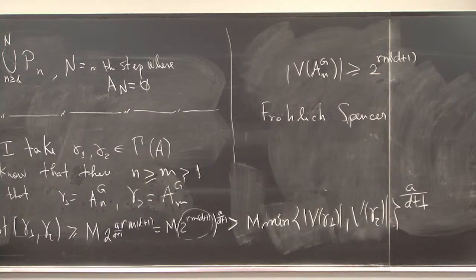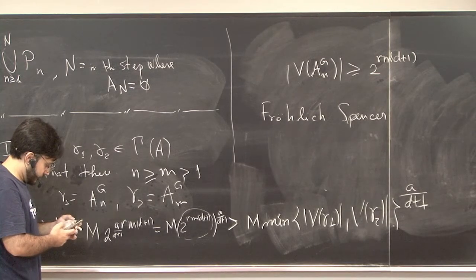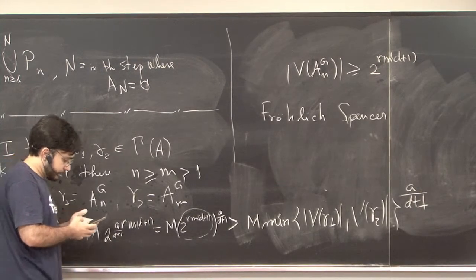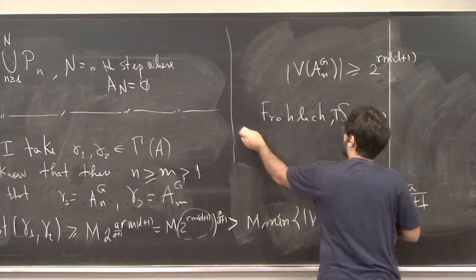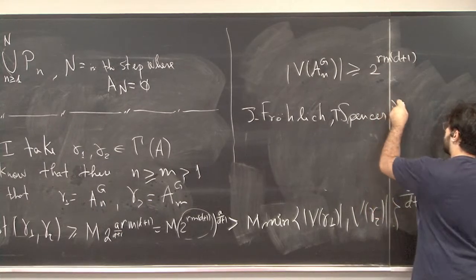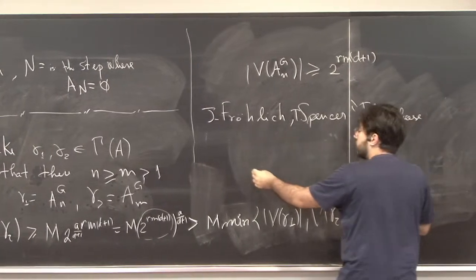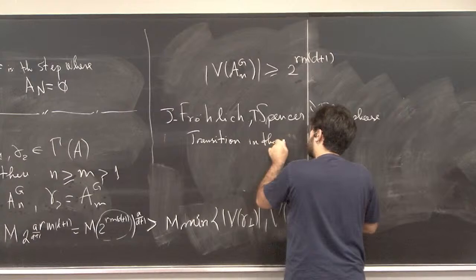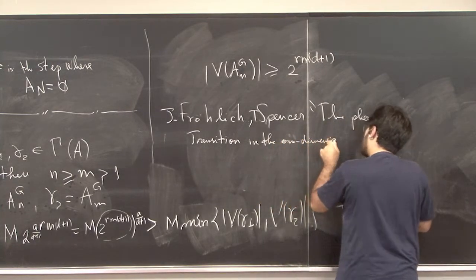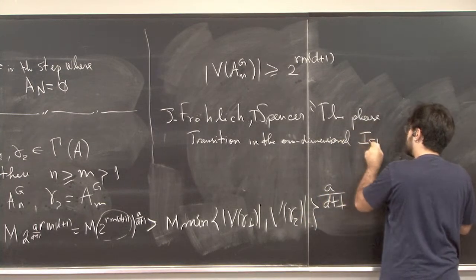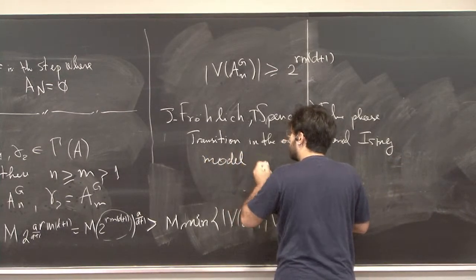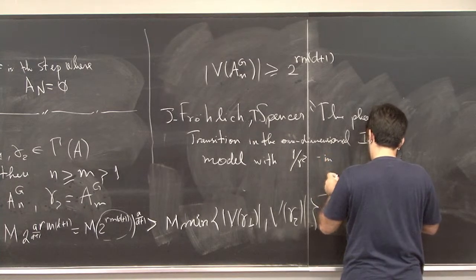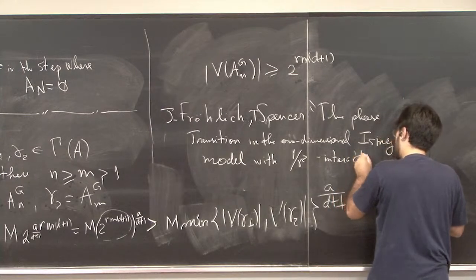Fröhlich and Spencer, the paper is The Phase Transition in the One-Dimensional Ising Model with 1 over r squared Interaction Energy.